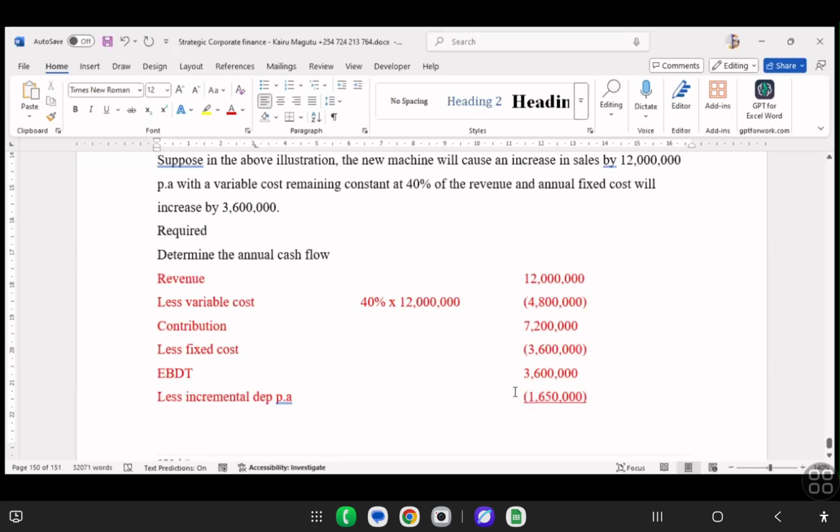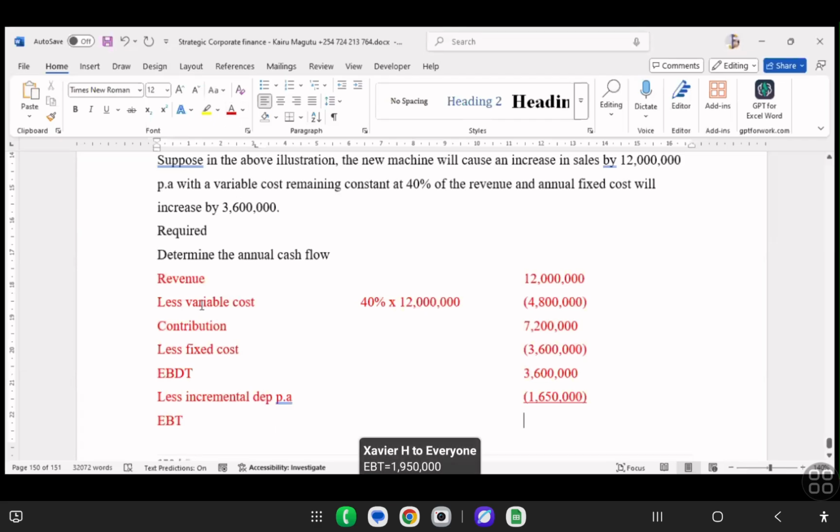Then from there, we have the amount of earnings before tax. Earnings before tax.